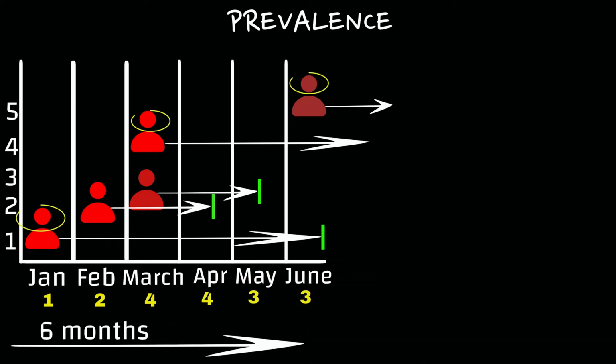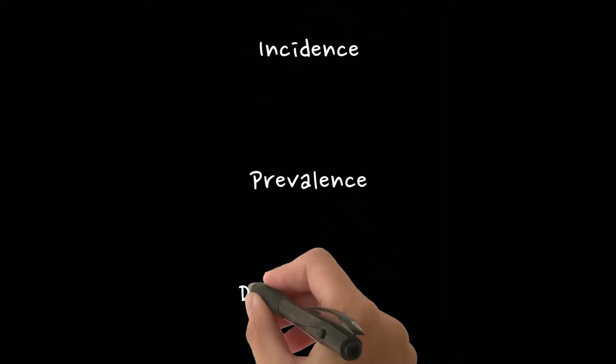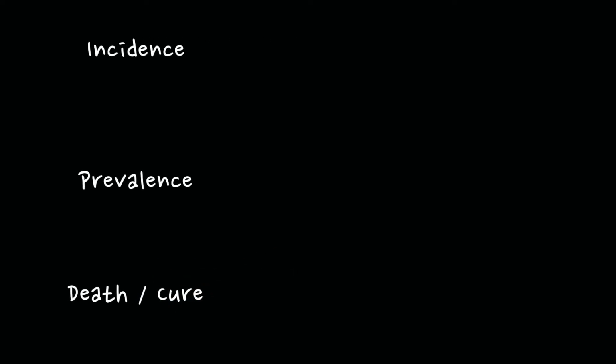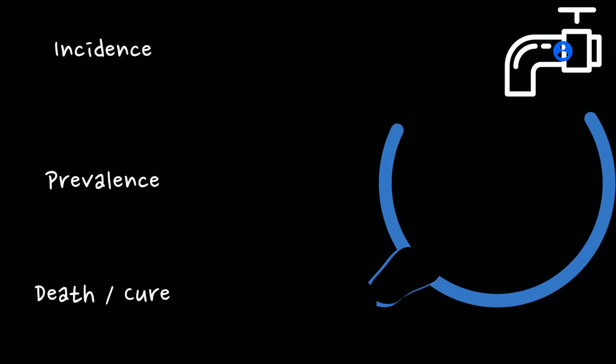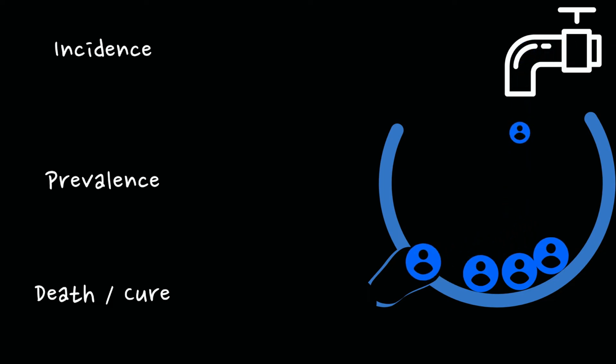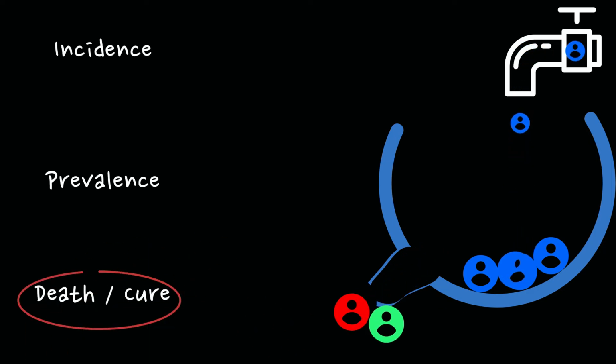So prevalence is determined by how many people join the prevalence pool through incidence and how many leave the prevalence pool through death or cure. Let us take the analogy of a vessel filled with water, or new cases, where new cases are continuously flowing in and it is emptied by death or cure.